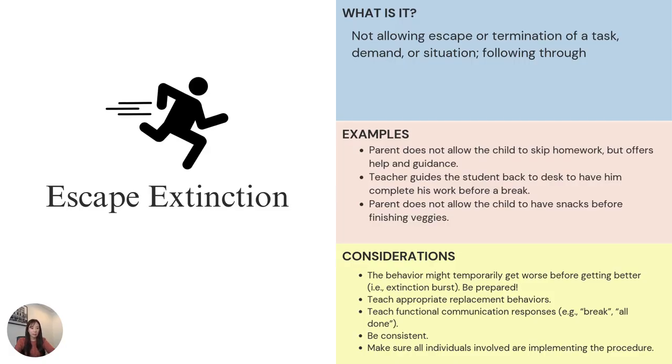So all that, all done, break, those are some kind of functional communication responses that we can teach. We also want to be consistent and make sure that all individuals involved with the child or person are implementing the procedure. We don't want to, for example, have dad allowing snacks before veggies while mom doesn't allow snacks before veggies. We don't want to see that behavior contrast.